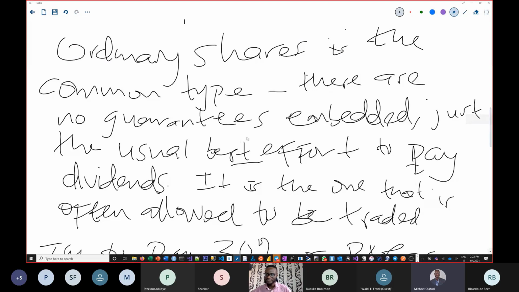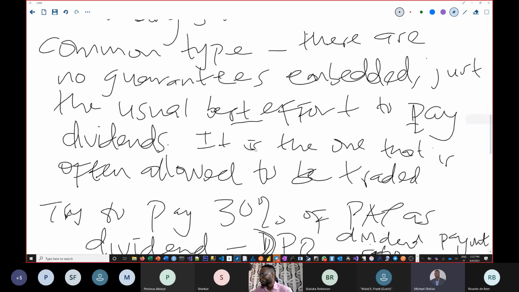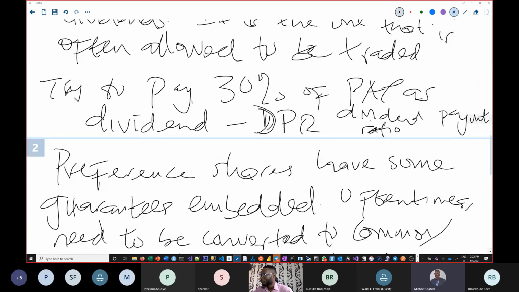There's nothing binding them to giving you a dividend. Sometimes some companies try to give a signal that they will always pay 30% or X% of profit as dividend. They call it the dividend payout ratio. So if you know that a company usually does that, you can even estimate what dividend you will get ahead of time.